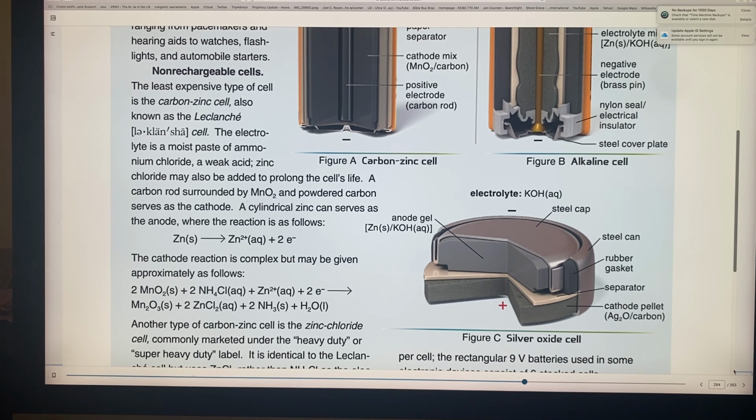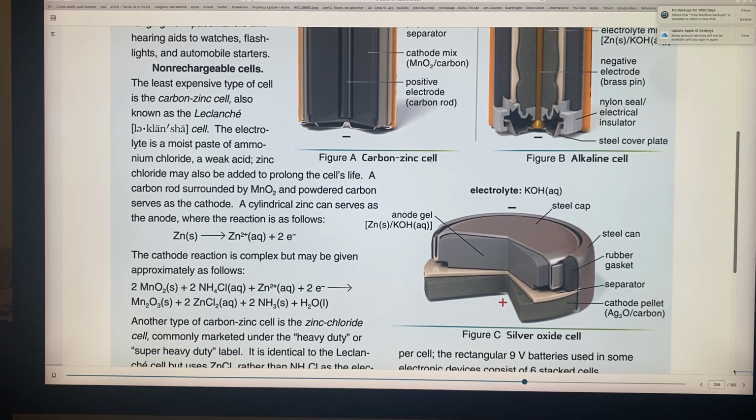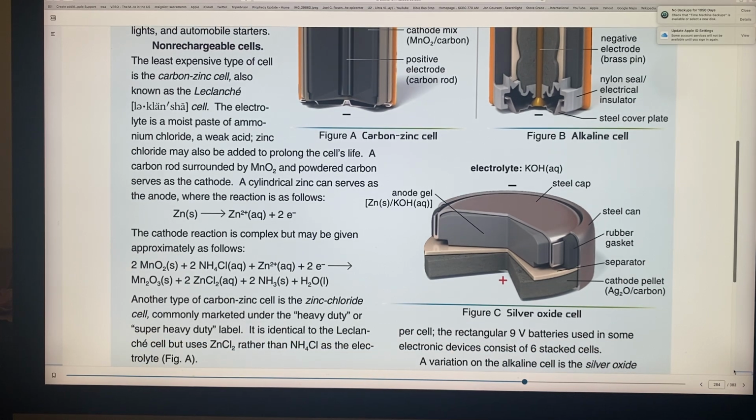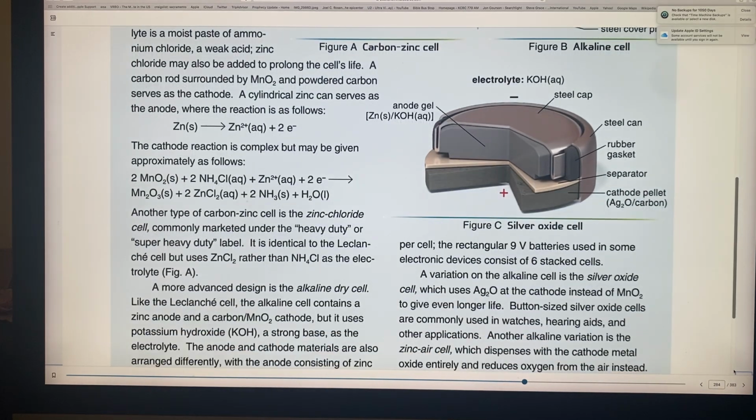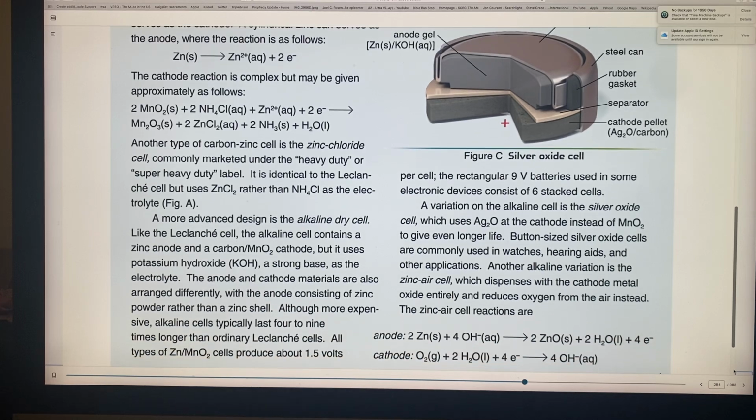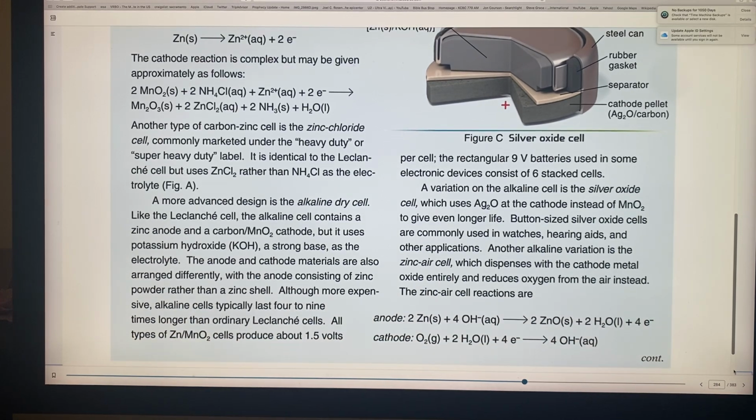But these Leclanche cells basically have the carbon as the cathode. They're put together with the zinc reacting, like we had before. Here's the zinc reacting, similar to what we've done before. It says the cathode reaction is complex. It gives the whole complex equation there for the zinc chloride.